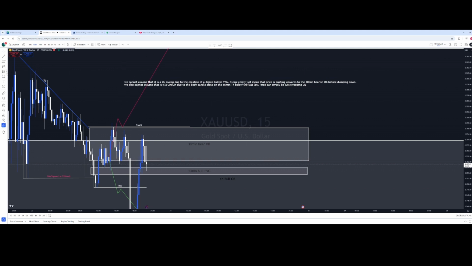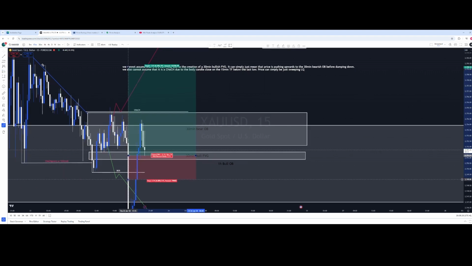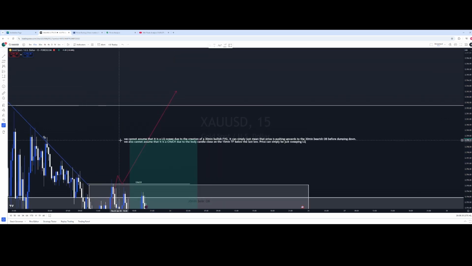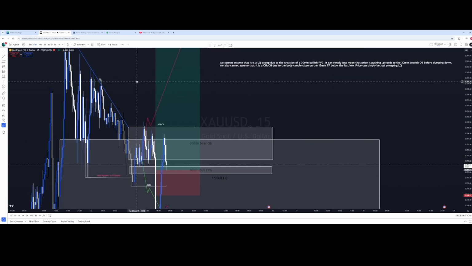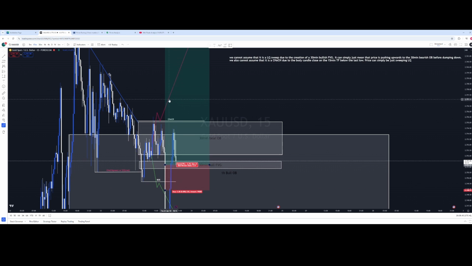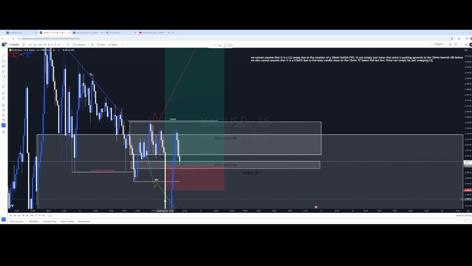Let's say I wait for price to head downwards to the 30-minute bullish fair value gap, lowest right here and the highs here. This also wouldn't work out, because you can see price manipulated downwards.